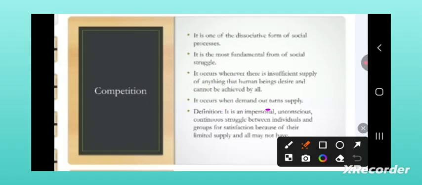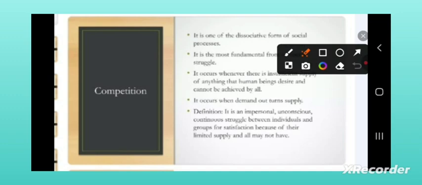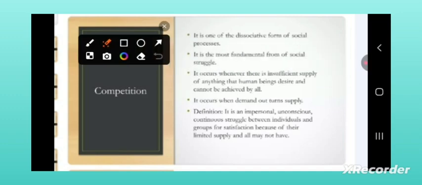It occurs when demand outstrips supply, that is, when demand is greater than the supply. So it is an impersonal, unconscious, continuous struggle between individuals and groups for desired rewards that are limited and all may not receive.